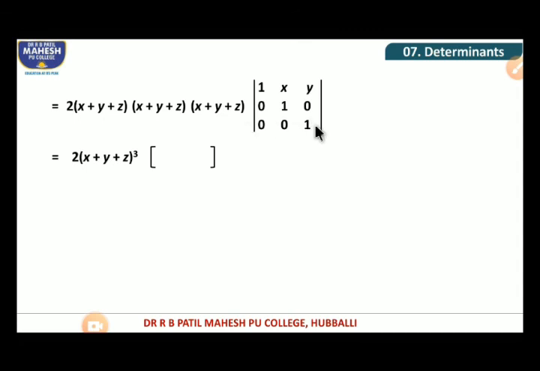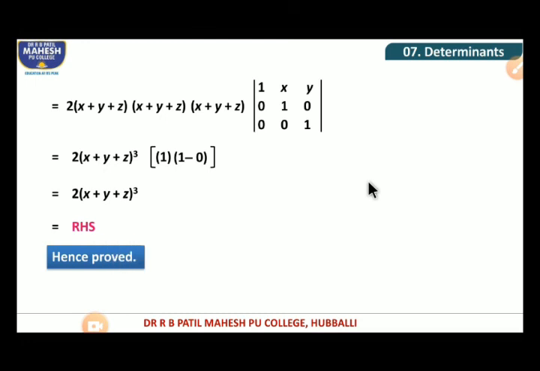So if we consider this one 1, we have 1 into the remaining determinant, which is 1 into 1 minus 0 into x, that is 1 minus 0. Therefore 1 into 1 is 1, and we have 2 into the bracket of x plus y plus z whole cube. So this is equal to the RHS of the given problem.